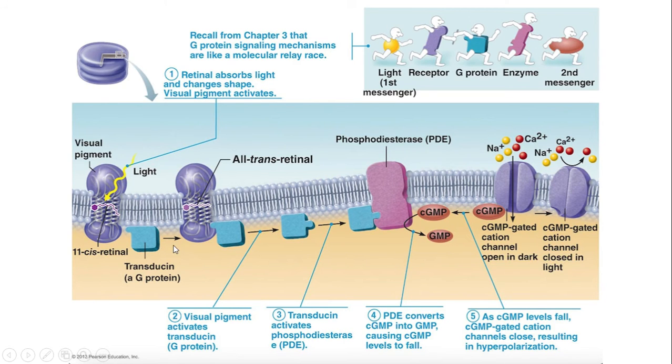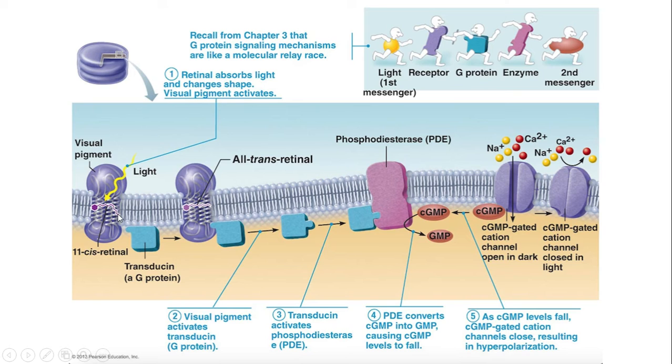So basically, this mechanism is using the second messenger system, where we have our visual pigment here, which is our retinol. In this case, it's 11-cis retinol, and it's bound to our protein portion, which is the opsin. And what happens is when the light comes in, specifically what part of the visual pigment, the 11-cis retinol.